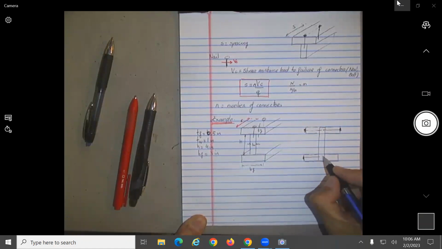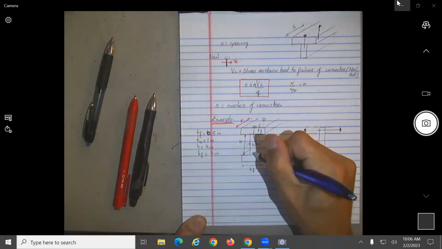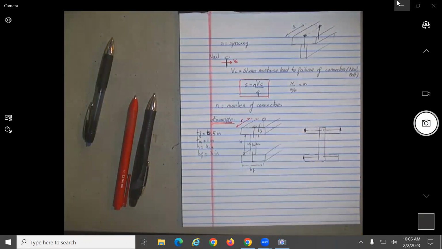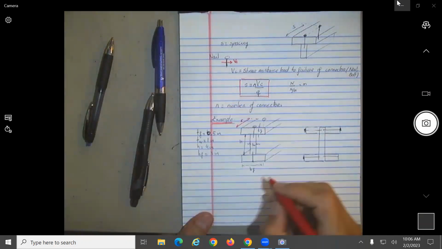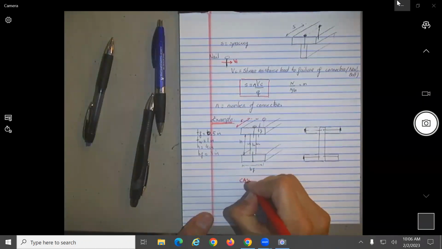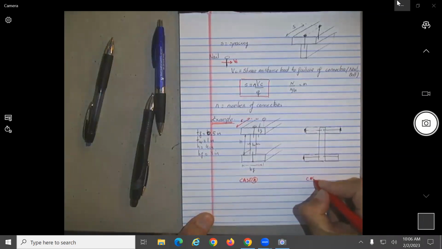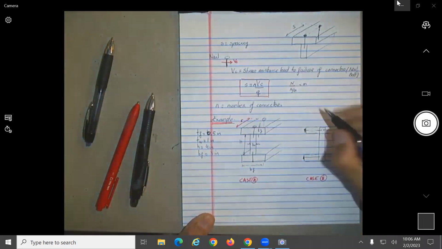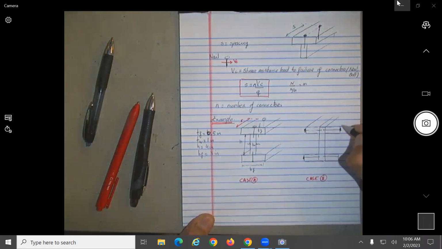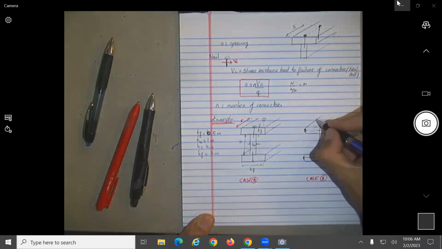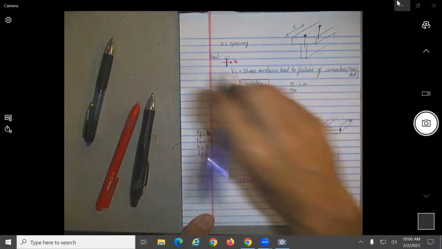And here we could do the same thing at the bottom. Basically the dimensions will be the same. So let's say this will be case A, and this would be over here. And here again another bolt or nail. We're talking about, let's say it's wood.